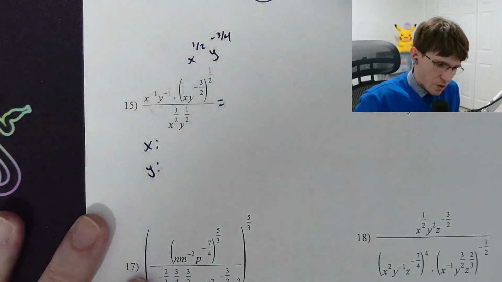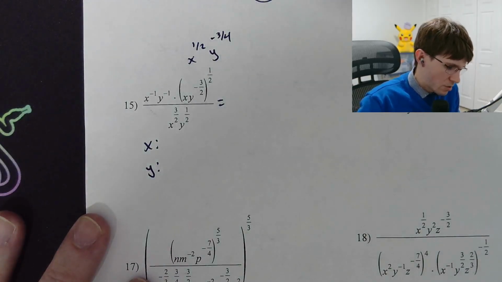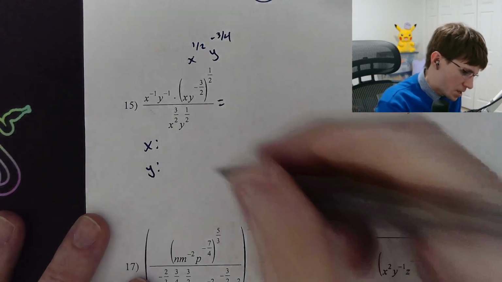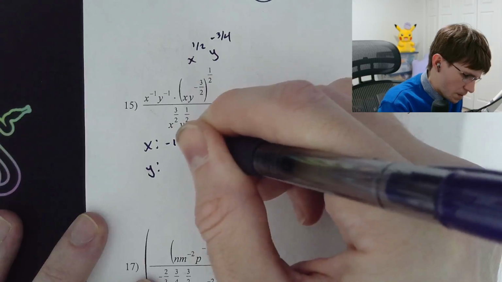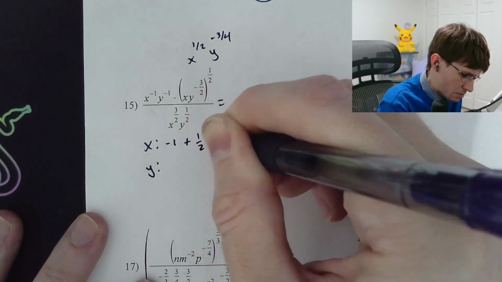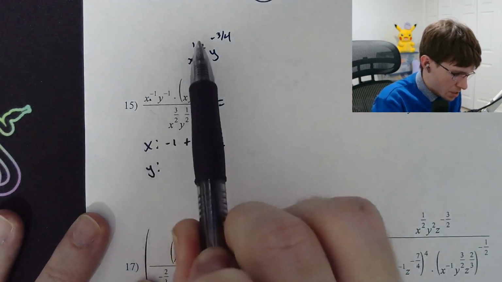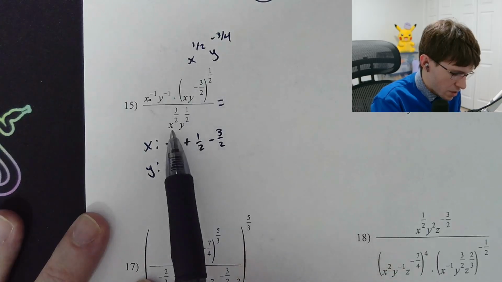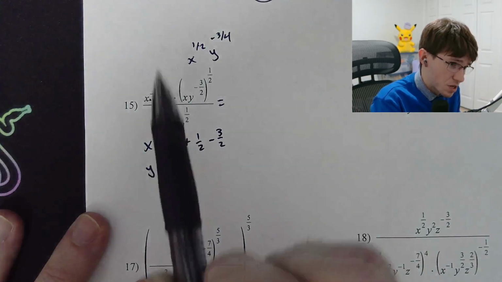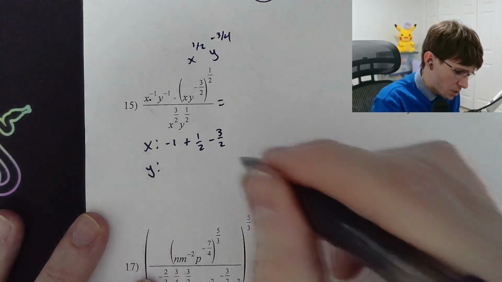First we're going to move everything to the numerator. We're not going to worry about any negative exponent nonsense at the start here. So for x we have -1 plus 1/2 minus 3 over 2, because I took that -1, added it to that 1/2, and then I have this 3 over 2, but I'm putting it in the numerator so I don't have to worry about it.